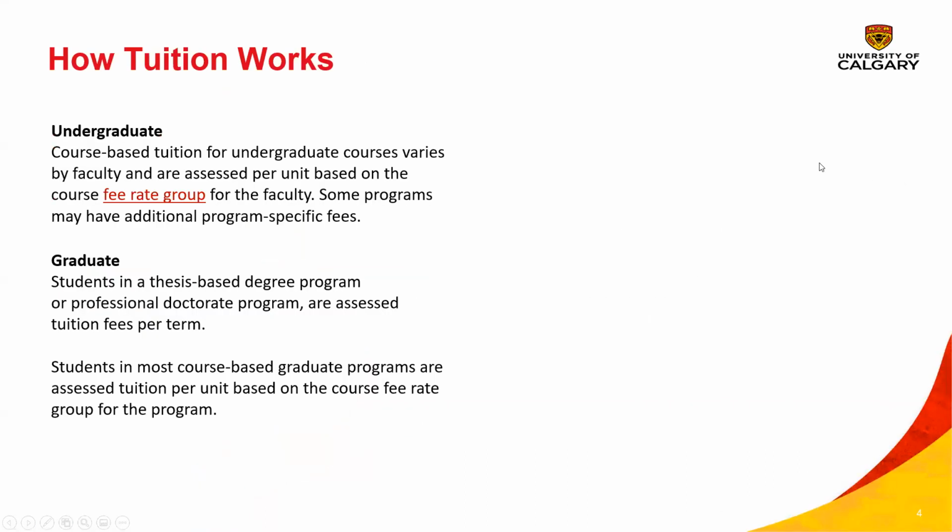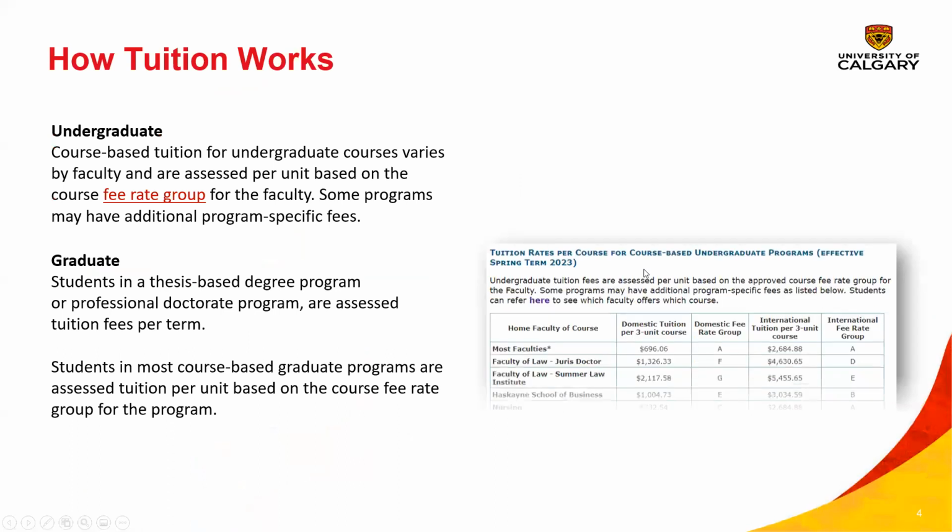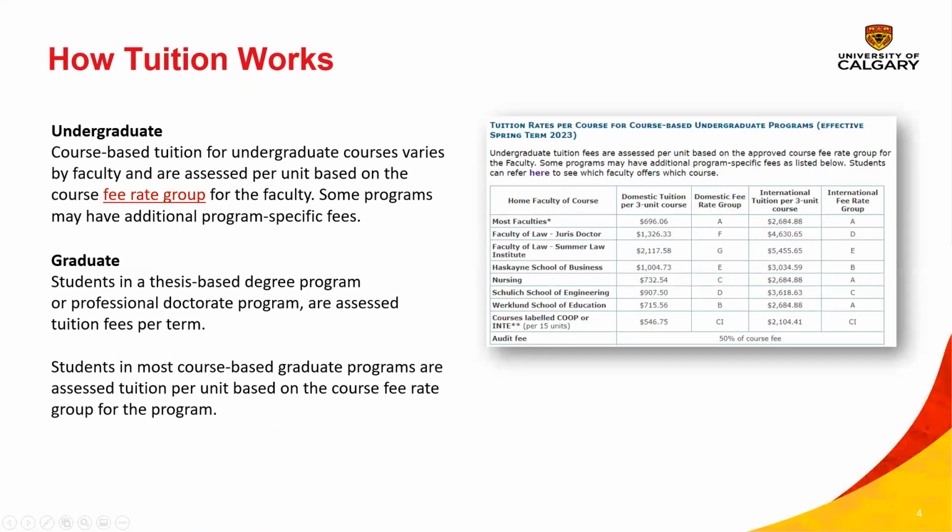Students are assessed tuition on a term-by-term basis. The tuition that you're charged goes directly to the faculty offering the course or program. It's how faculties, instructors, and the facilities required for instruction are all funded. Undergraduate students, so probably most of the folks we have here today, are assessed tuition based on their course enrollment.